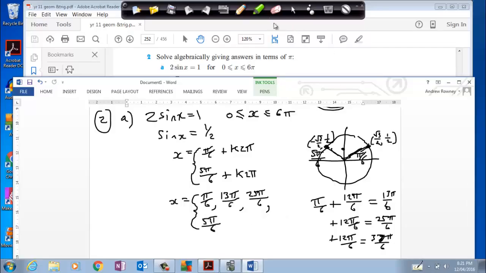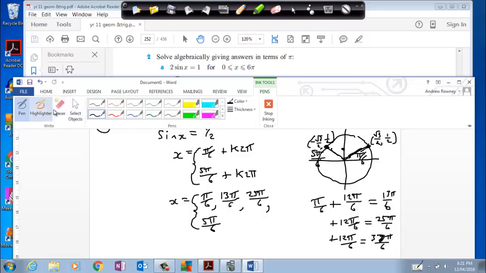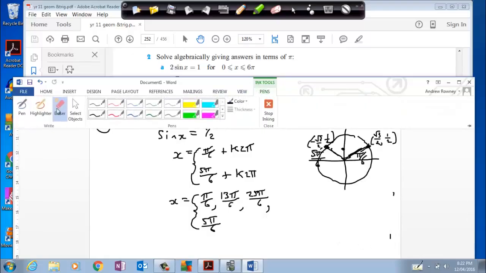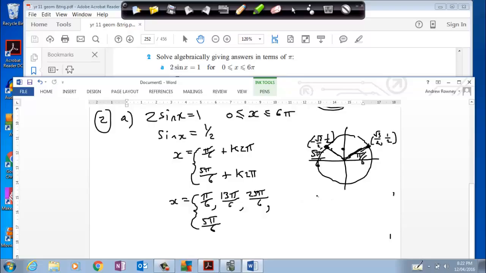Once again, we're going to sequentially add on the 2 pi's. So starting with 5 pi on 6, if you add on 12 pi on 6, then we'll get 17 pi on 6.